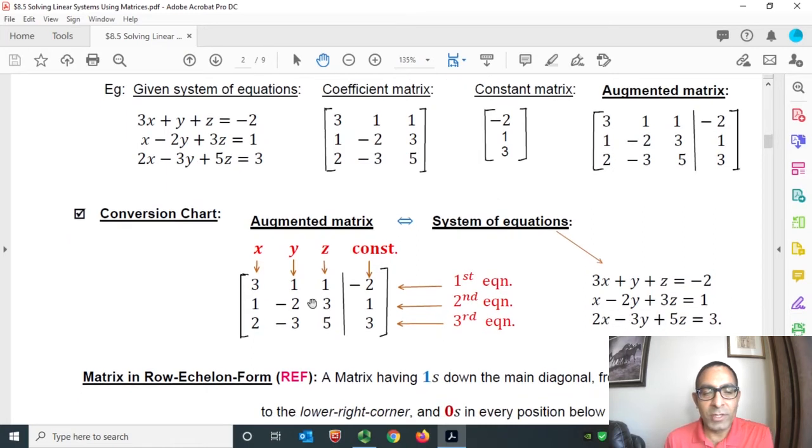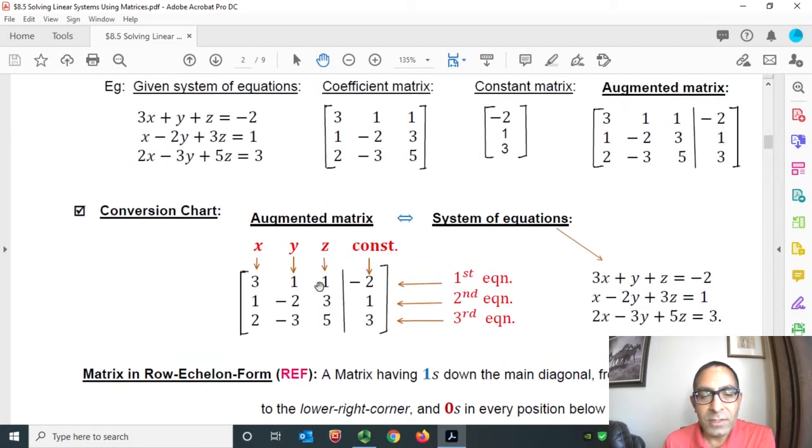Here, in the augmented matrix, this is the coefficient matrix and this is the constant matrix, and then the first row corresponds to the first equation in the system, the second row corresponds to the second equation of the system, and the third row corresponds to the third equation in the system. So here, 3 times x plus 1 times y plus 1 times z equals minus 2, which is the first equation here.